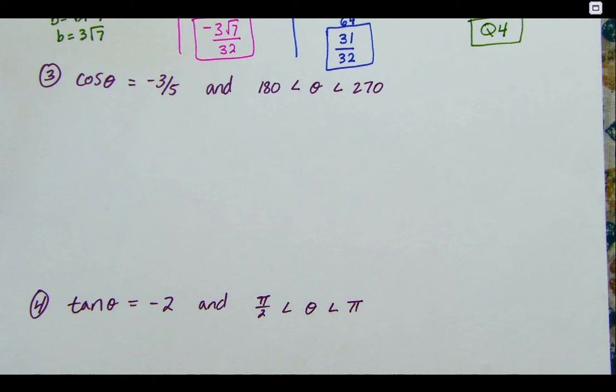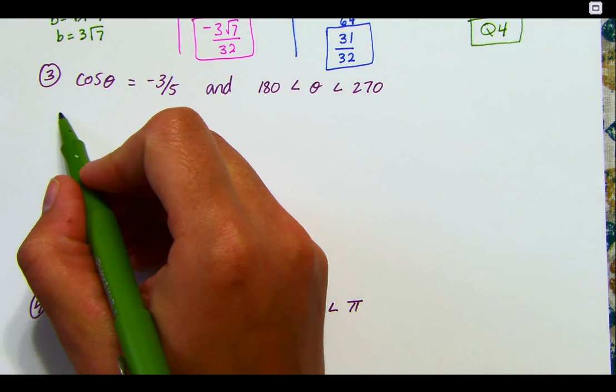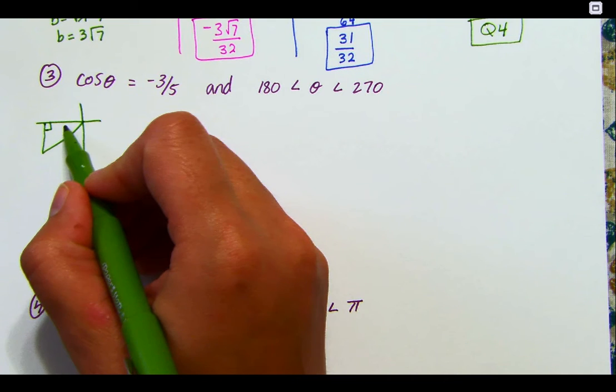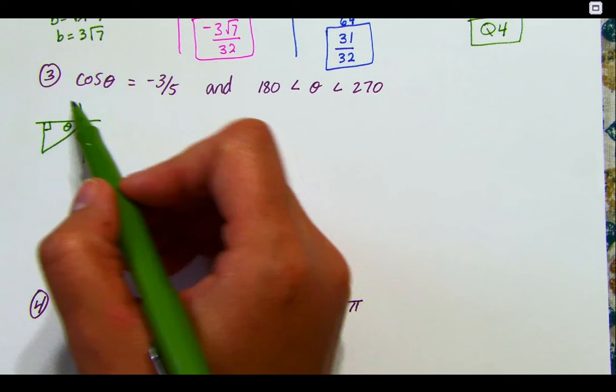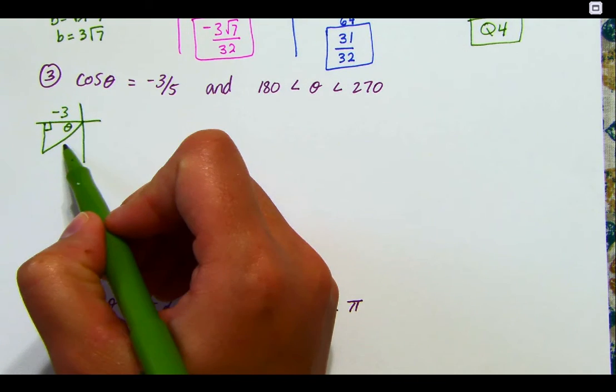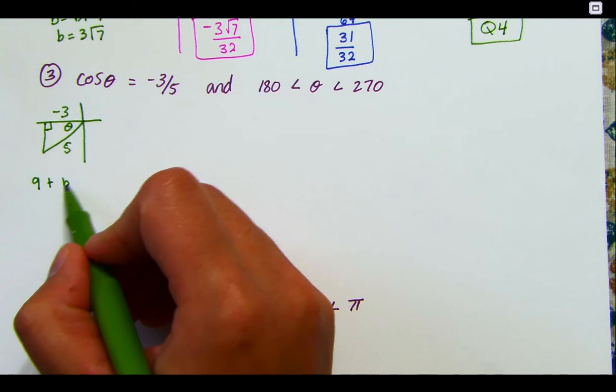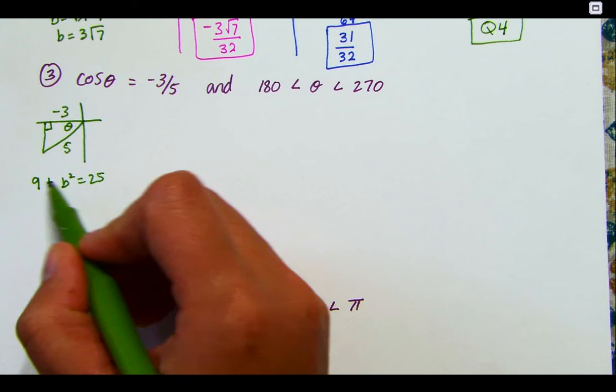All right, so if we keep going, we are given cosine this time, and if we are between 180 and 270, that is quadrant 3. So again, we're just going to start by drawing that right triangle. Cosine is the adjacent side over the hypotenuse, so this will be 9 plus b squared equals 25.